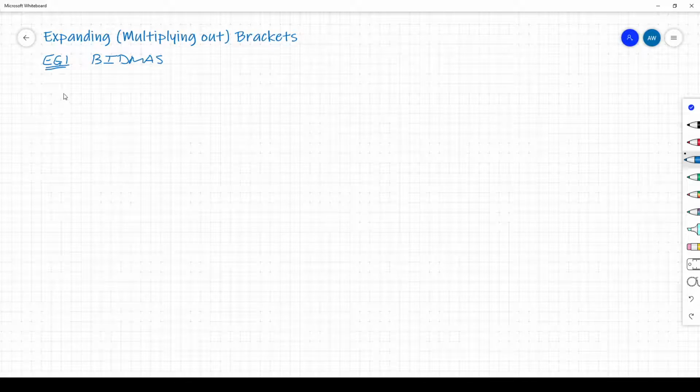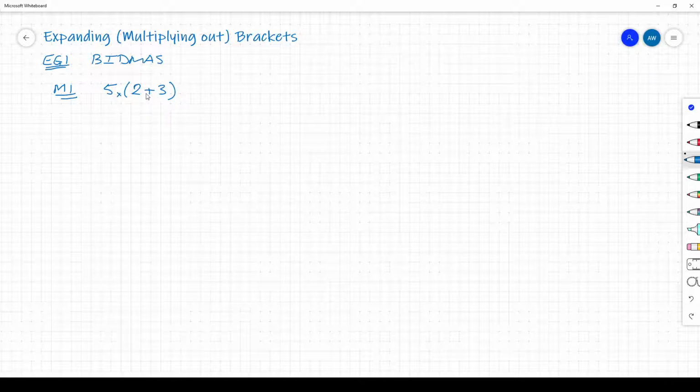So if we look at this problem, I'm going to say method 1, M1, and I asked you to work out this 5 bracket 2 plus 3 close brackets. Now what this means is 5 times, there's a little invisible times sign here, 2 plus 3.